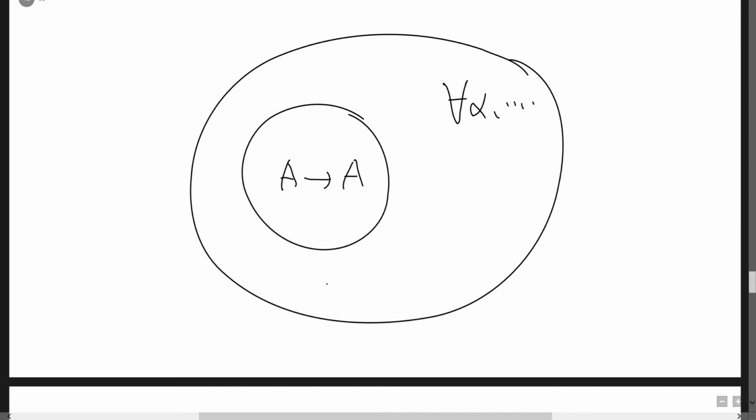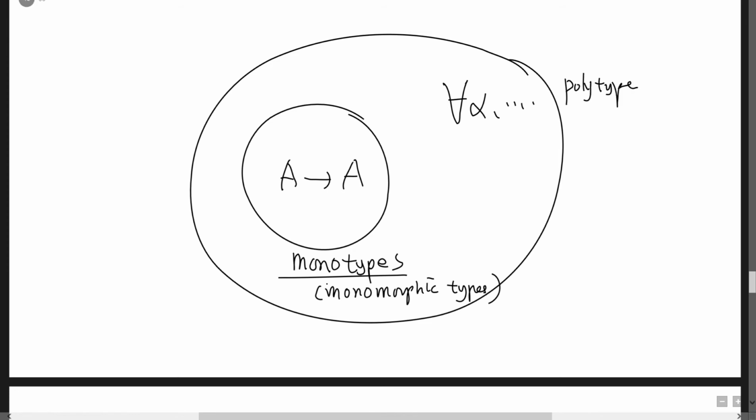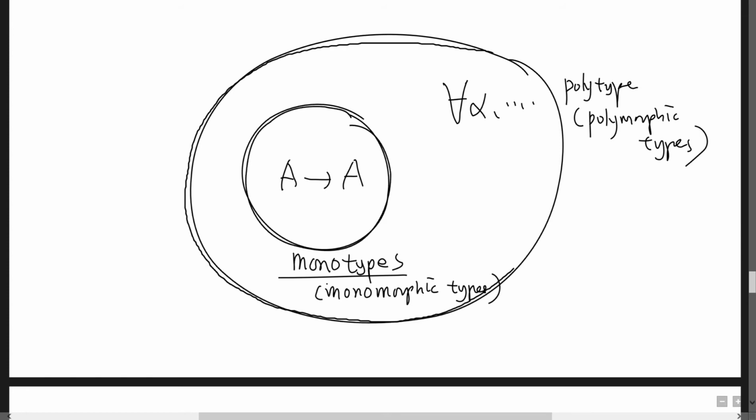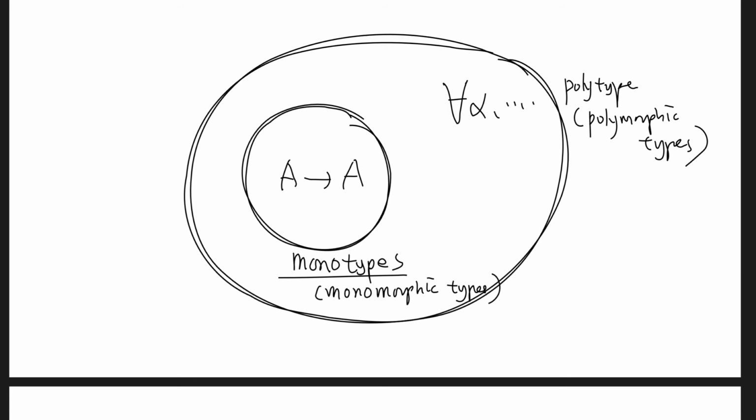For simplicity, we call the inner circle monotypes, shortened for monomorphic types. And the entire set of types is called polytypes, shortened for polymorphic types. We'd like to syntactically distinguish between this one and this one. So that's pretty much the essence, the key idea in the design of predicative polymorphic lambda calculus.